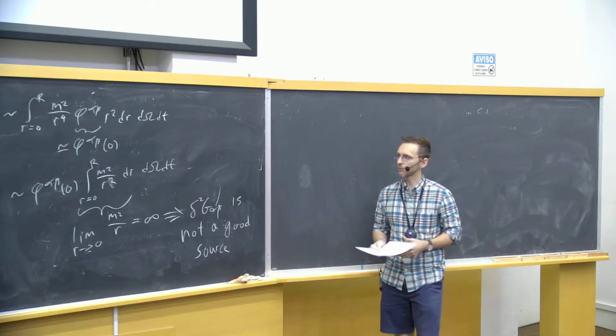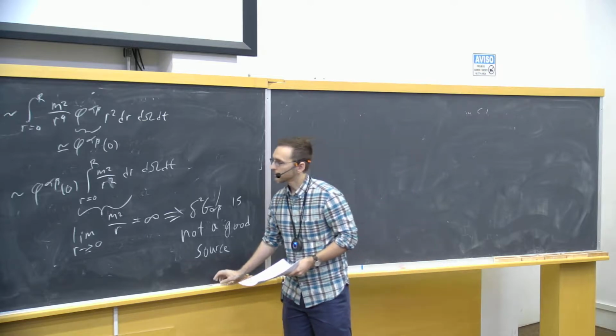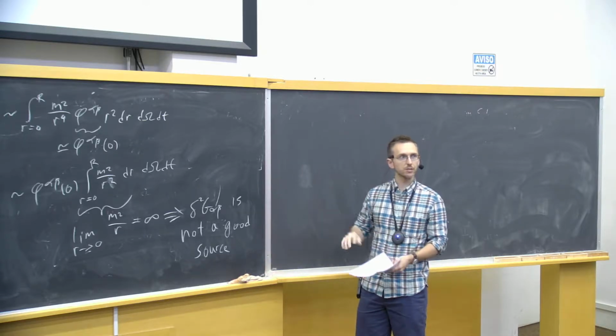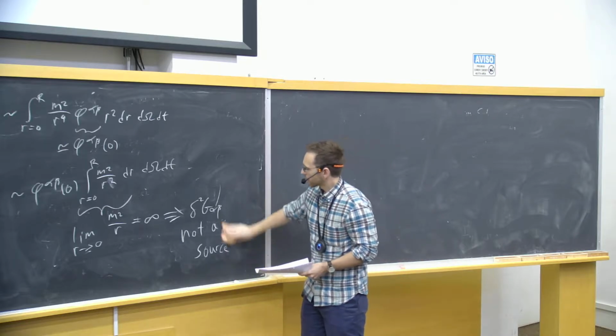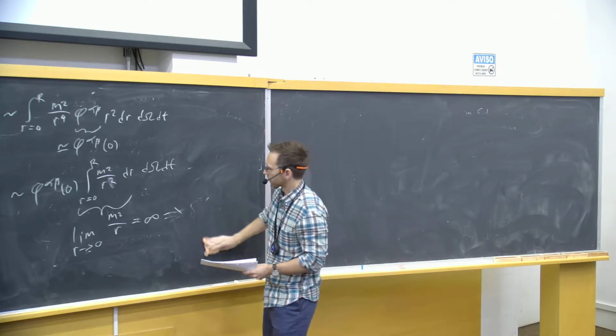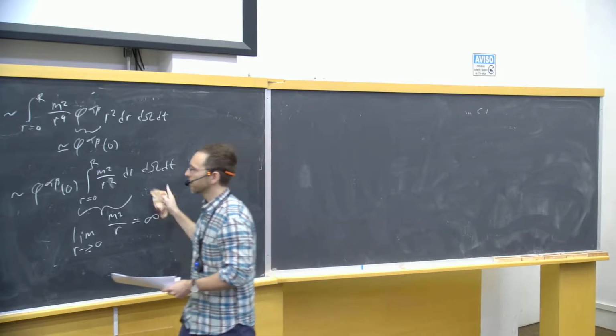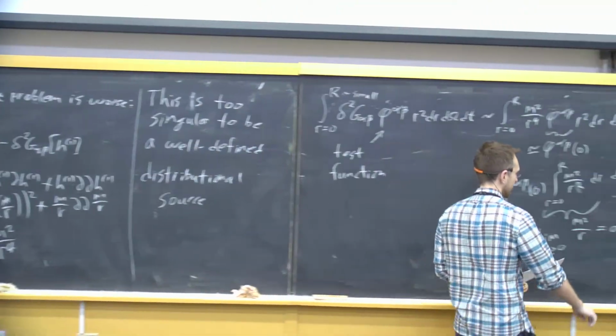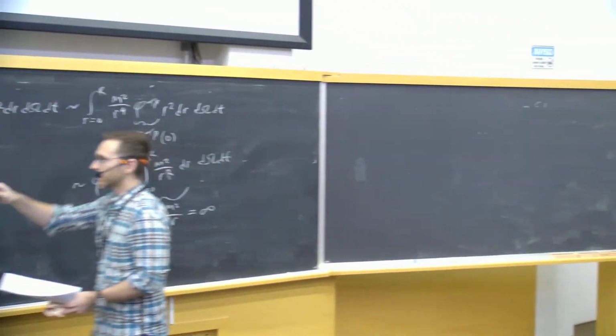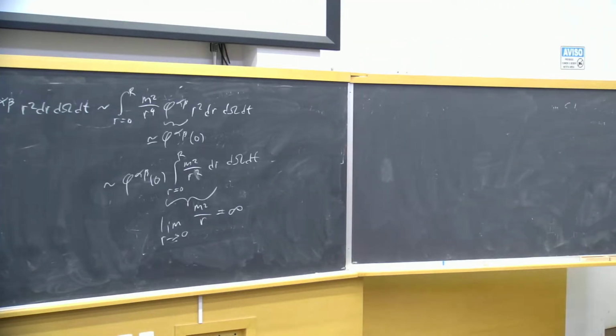He's nodding, so I think he will cover that. You can adopt some regularization schemes to get around this kind of problem. That is not the approach that I'm going to cover. The approach I'm going to cover is matched asymptotic expansions.